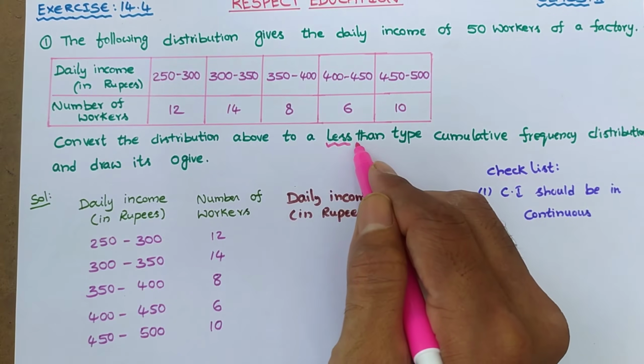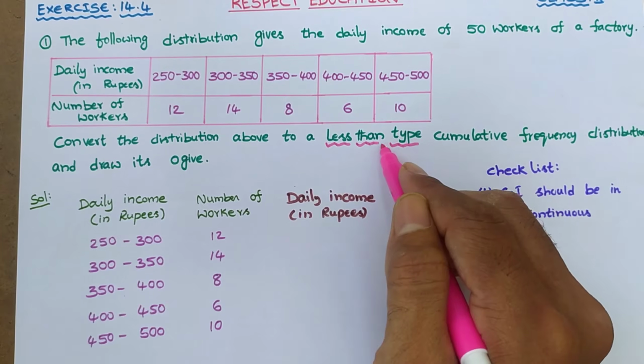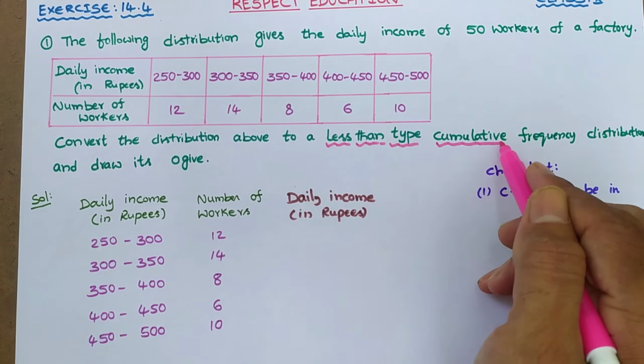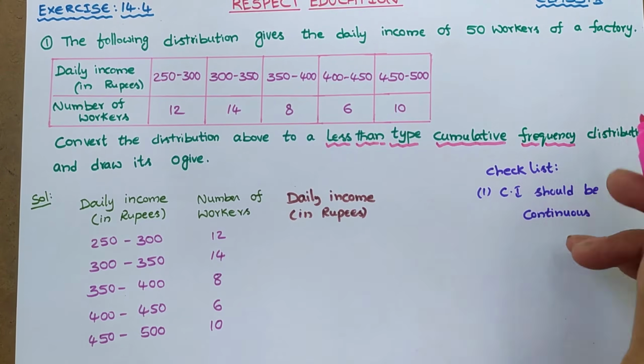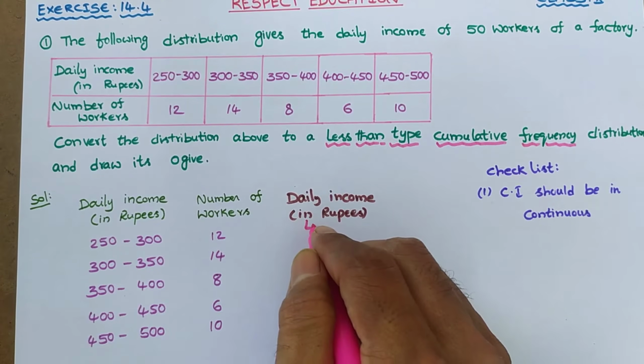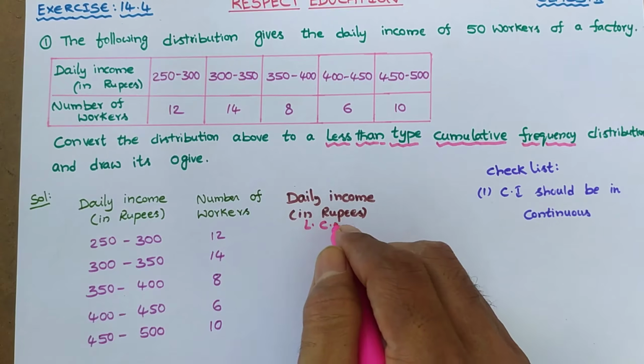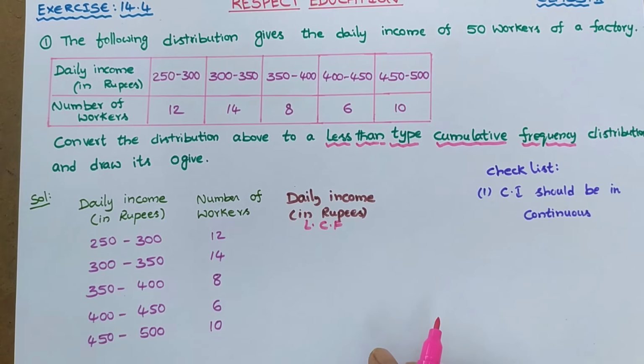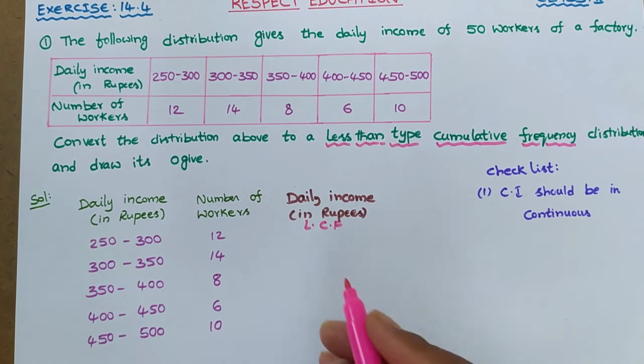To write less than type cumulative frequency, we should use the words less than.